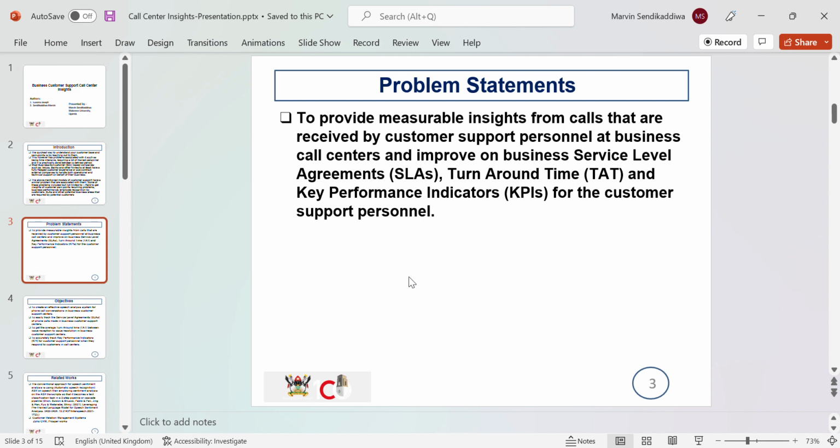So we want to get speech that is received from phone calls, and then try to get insights from this data. In a few slides to come, I'm going to explain what exactly we'll be gathering and what we'll be doing to achieve this.